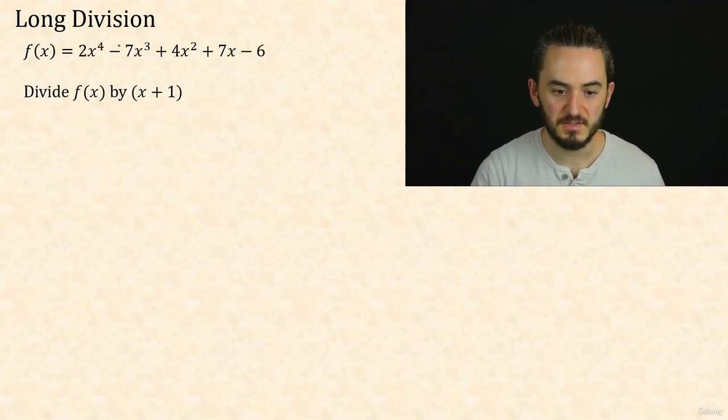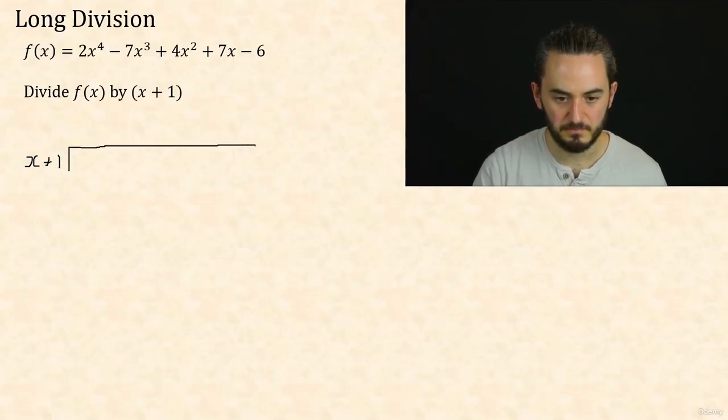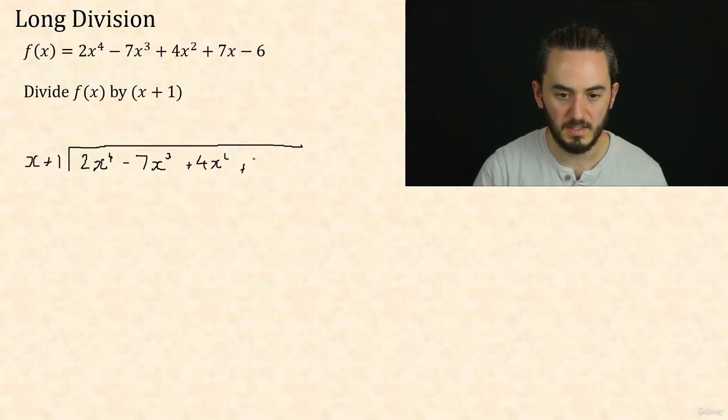Okay, divide this quartic by x plus 1. All right, so same thing, x plus 1. And what is it? It's 2x to the 4 minus 7x cubed plus 4x squared plus 7x minus 6.